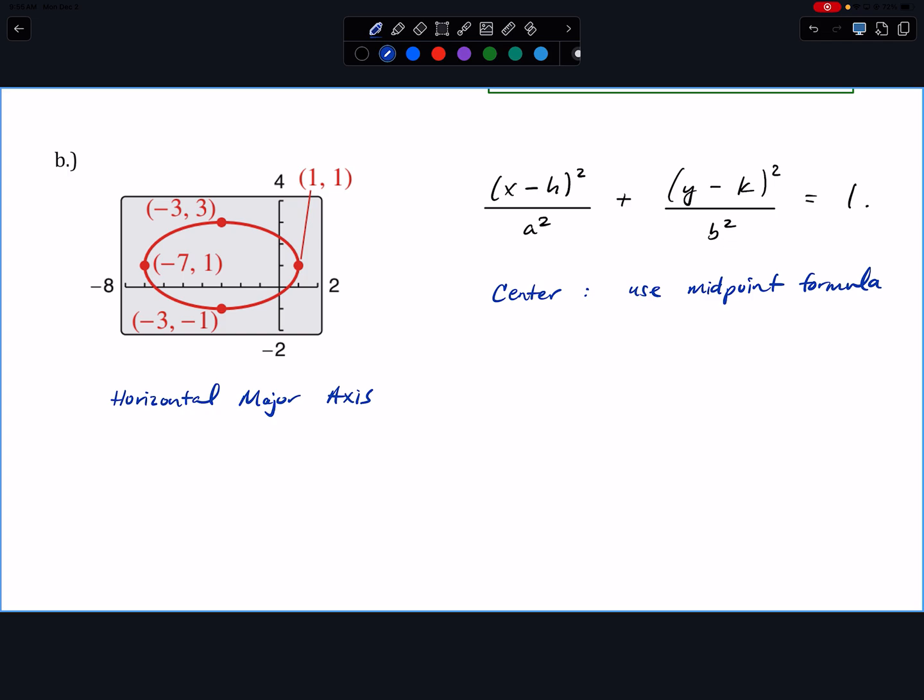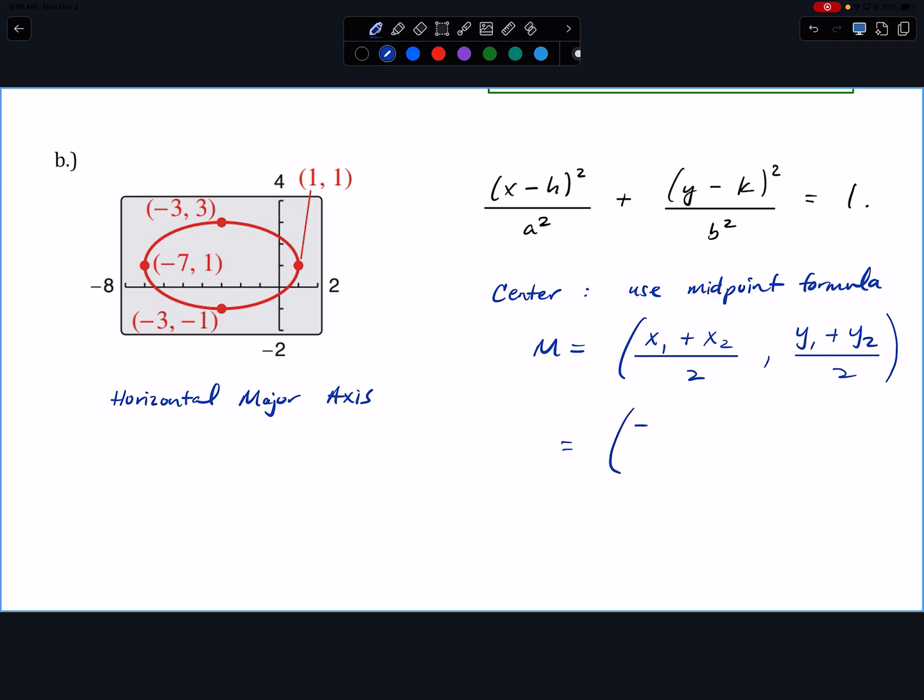So midpoint, remember, is x1 plus x2 divided by 2, comma y1 plus y2 divided by 2. And if I want to use these 2 points, this would be x1, x2, y1, y2.